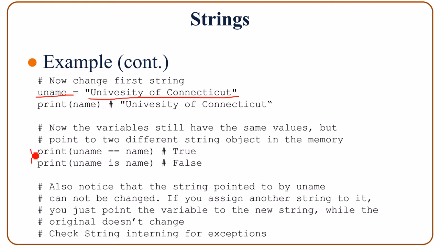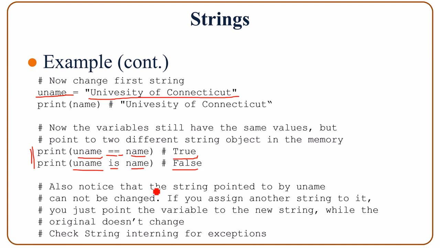Now if you check uname equal name, this returns true. And of course, because the content of the two strings are still the same. However, if you print uname is name, now you get false. Uname now points to another string with the same content in the memory, while name still points to the previous string University of Connecticut in the memory at a different memory location.